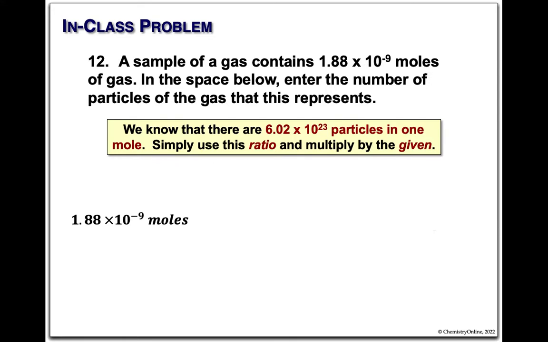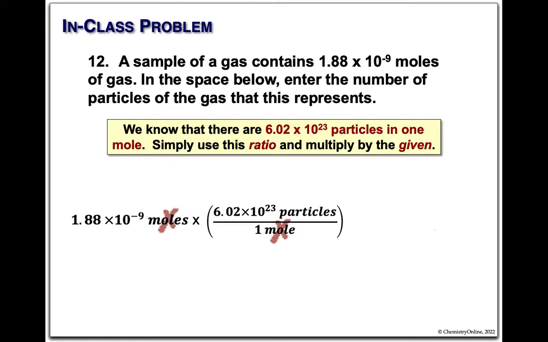Our ratio is simply going to be 6 times 10 to the 23 particles per mole. We've set it up correctly. We know that because moles cancel. On your magic calculator, and make sure you bring it.